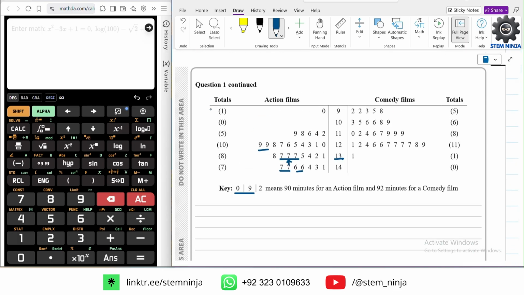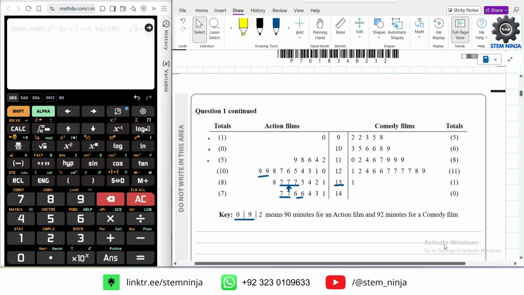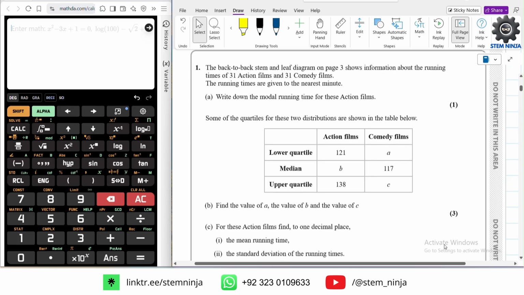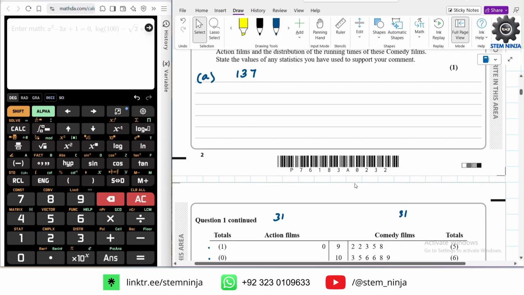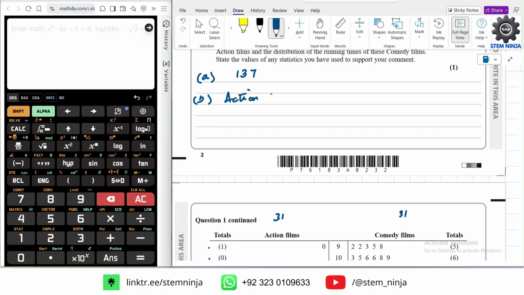Action films were in total 31 and 31, right? So for the median of action films, Q2, the location can be found from n plus 1 divided by 2, 31 plus 1 divided by 2.